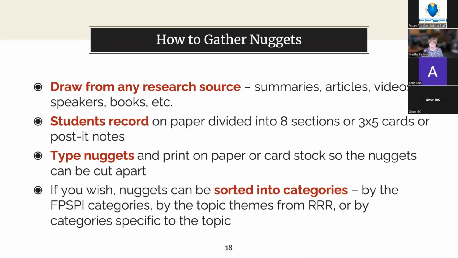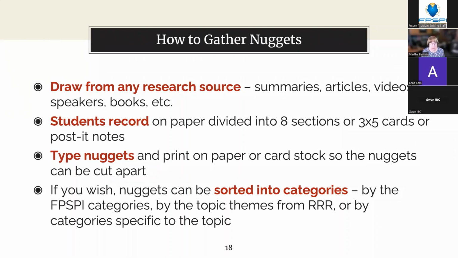The summaries and the RRR, longer articles, videos you're watching, speakers you listen to, books students are reading, maybe if they're seniors. And there's a couple ways then you could do it. I usually did a lot with paper divided into 8 sections, for them to write the nuggets, a different nugget in each section.